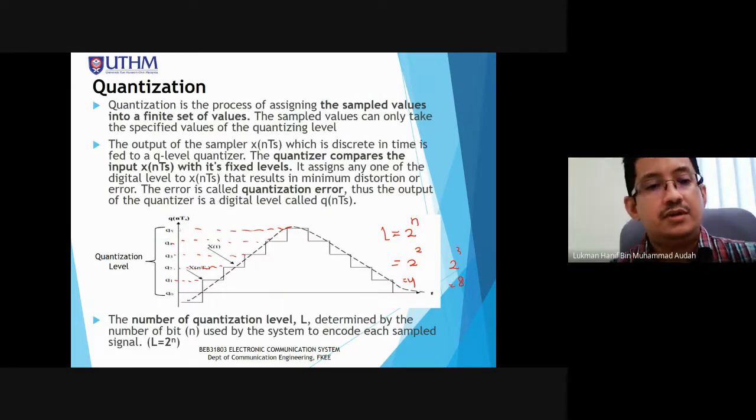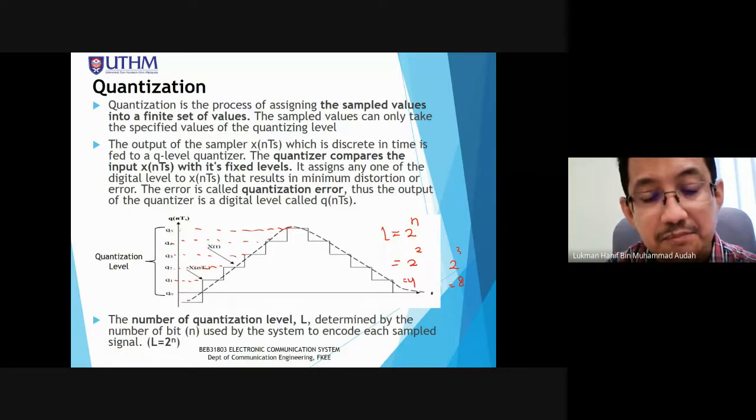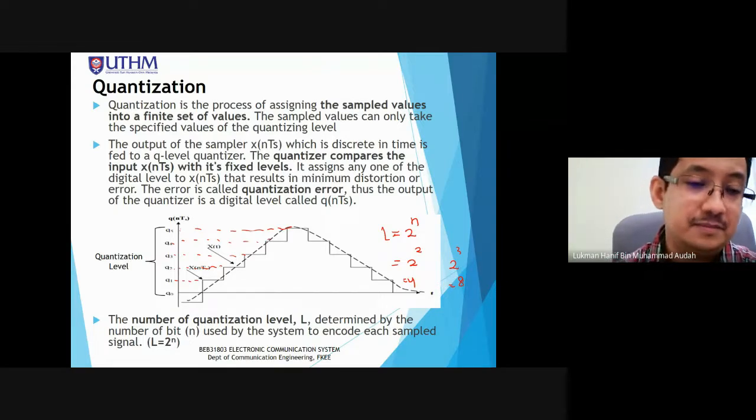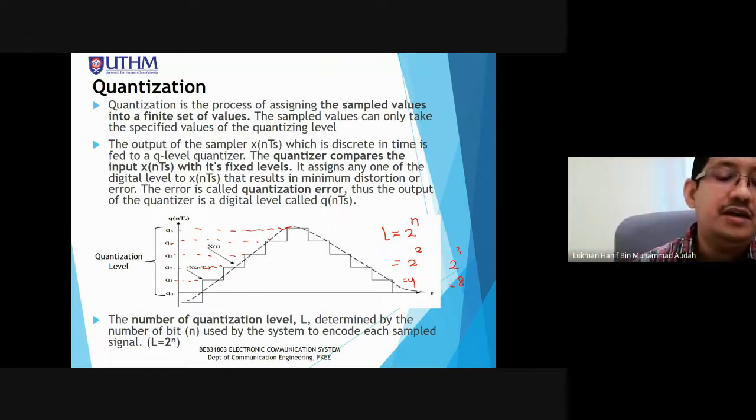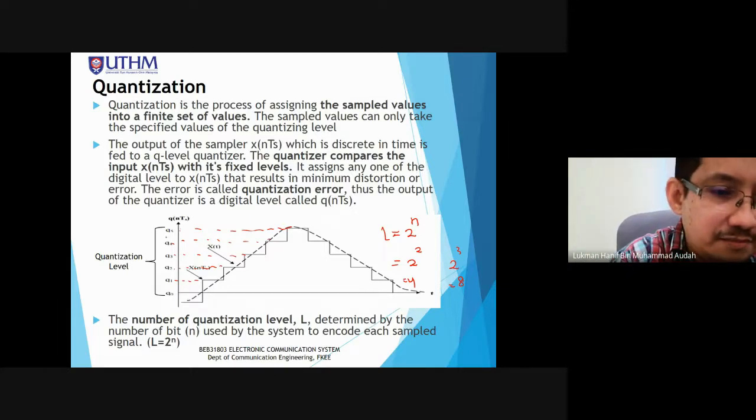Okay. And if you see that from here, the signal is still the same, which is analog. Dia masih analog, belum lagi jadi digital. Okay, belum lagi jadi digital. And for your information, another thing is that satu perkara penting lagi adalah yang ini jarak antara quantization level, the distance between the levels.